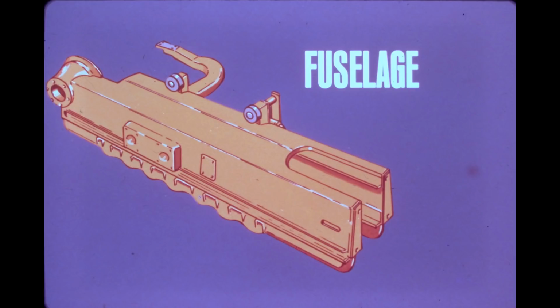This track frame consists of a single steel plate formed in an inverted U shape. Internal bracing is used to give the frame added strength. This fuselage track frame is one of the strongest in the industry. Most competitive crawlers in the 25B or C class cannot compare in track frame strength with the International fuselage design.